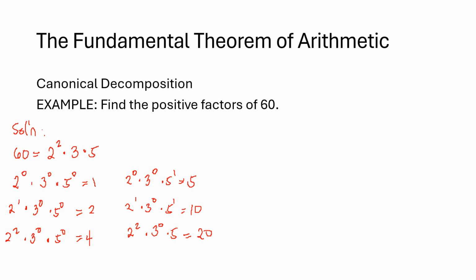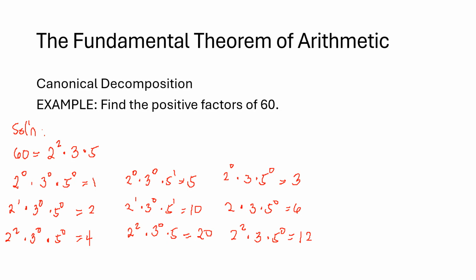And then you have 2 raised to 0 times 3 raised to 1 times 5 raised to 0, which is equal to 3. And then you have, what else? 2 raised to 1 times 3 raised to 1 times 5 raised to 0 is equal to 6. And then 2 raised to 2 times 3 raised to 1 times 5 raised to 0 is equal to 12.